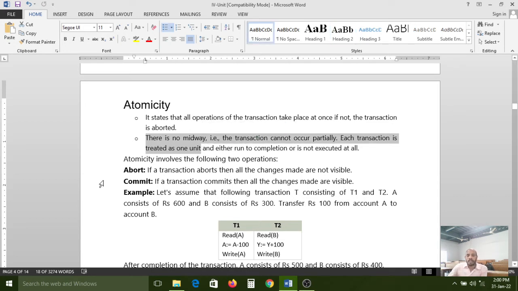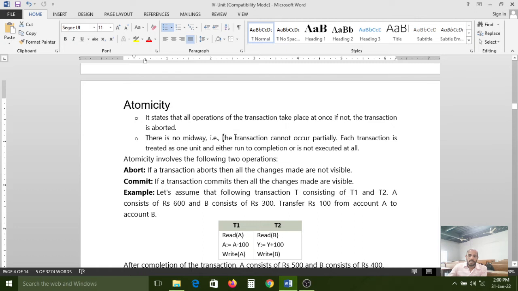In the previous class, we already discussed the transaction. So now one more time we have to remember the transaction definition. What is a transaction? A transaction is a set of tasks, a group of tasks, and either runs to completion or is not executed at all. There is no midway.